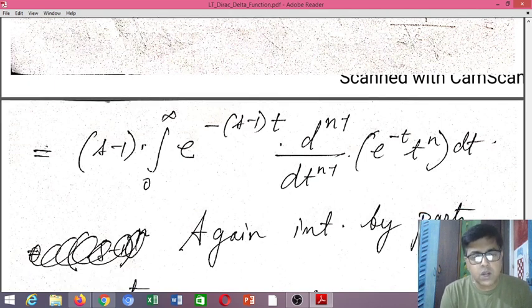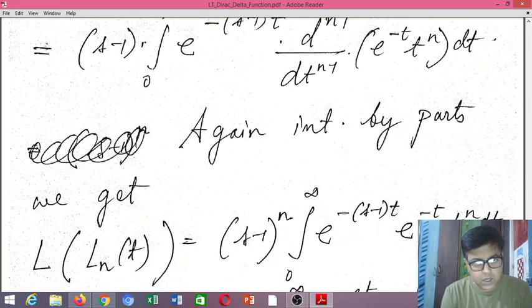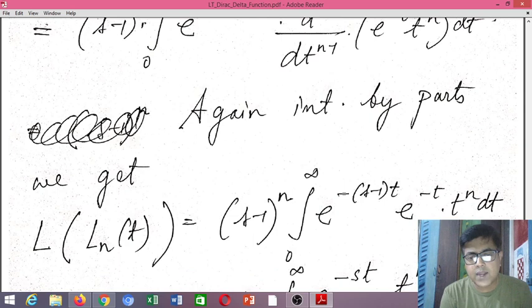On doing that, you will get s minus 1 to the power n, because for each one of those n minus 1 times, s minus 1 will come. s minus 1 was already there outside, into s minus 1 to the power n minus 1, which makes it s minus 1 to the power n. And we will be left with the integral 0 to infinity e to the power minus (s minus 1)t into e to the power minus t into t to the power n dt, because the derivative will be gone by then, since you have differentiated n times eventually.